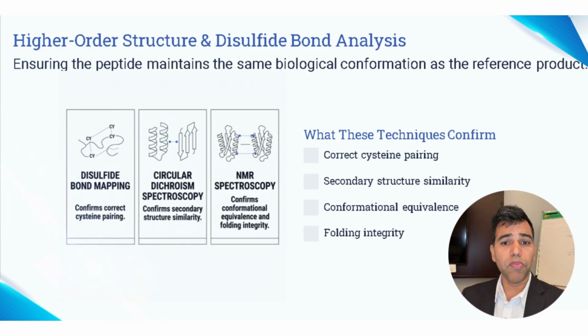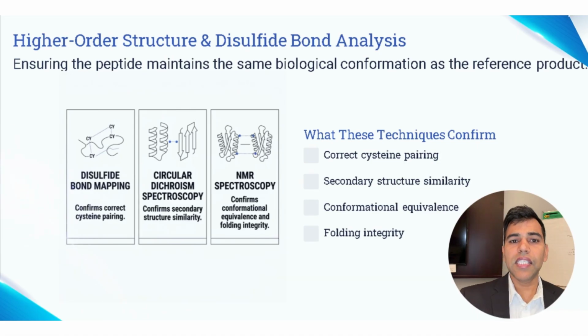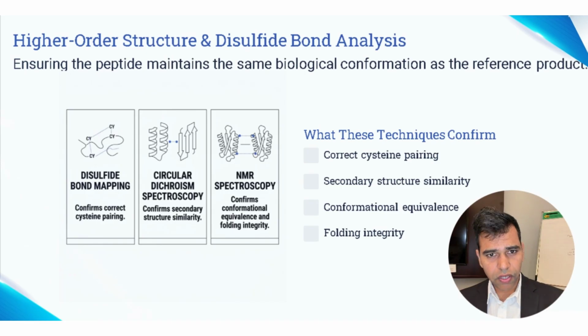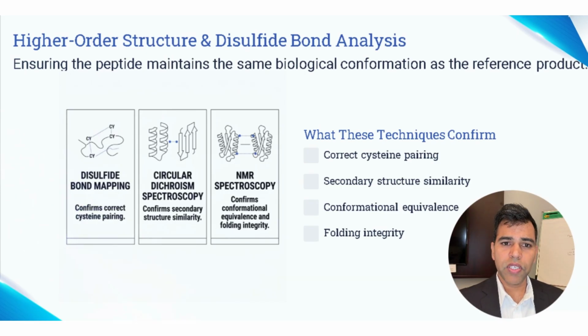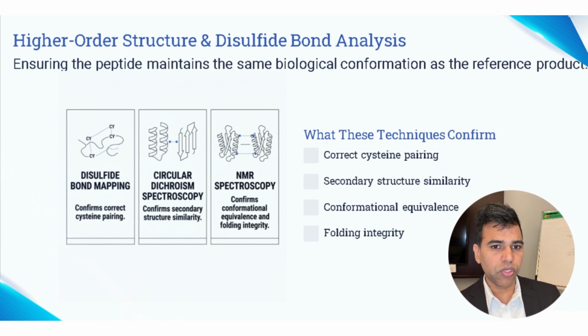It tells you whether the molecule's overall folding pattern is consistent. This is an area where having deep hands-on experience really matters. Some molecules are beautifully cooperative. Others, especially those with multiple disulfide bonds or non-standard connectivity, require custom workflows and careful method development. There is no one-size-fits-all protocol.